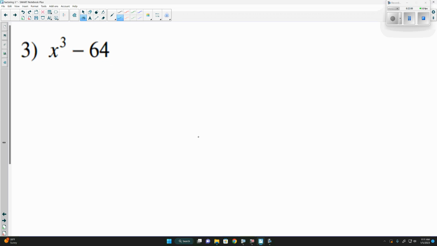Let's look at the next one. X cubed minus 64. Well, we can start off by taking the cubed root of x to the third and the cubed root of 64. Well, taking the cubed root of x to the third is pretty easy. It's just x.